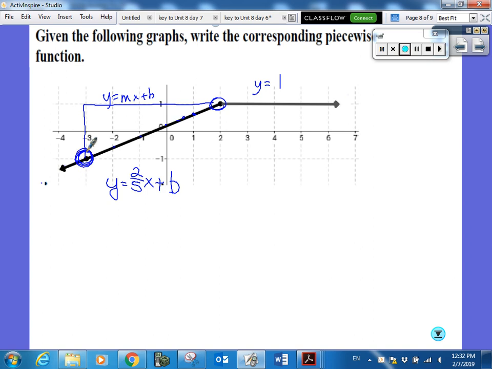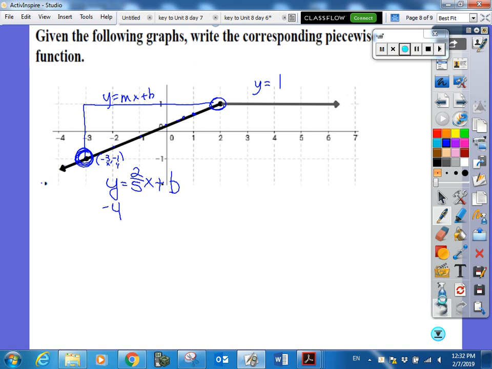So I'm going to pick this point right here. That's the point -3, -1, which is an x and a y. So I'm going to plug that in. -1 equals 2/5 times -3 plus b.